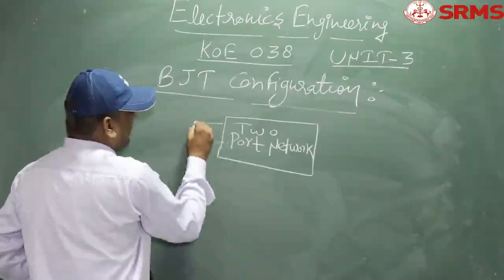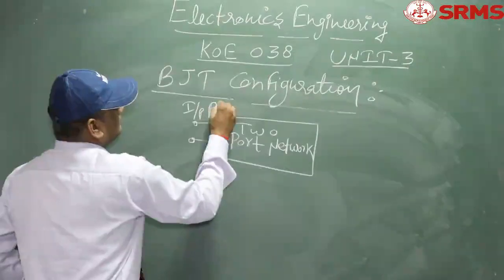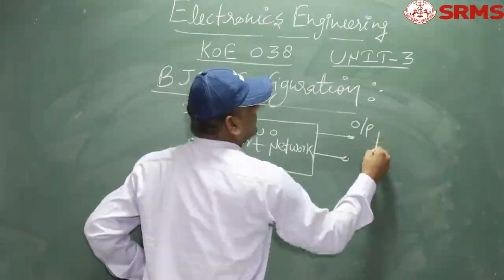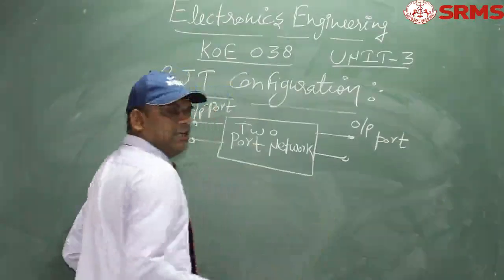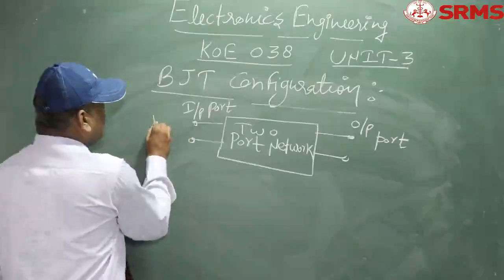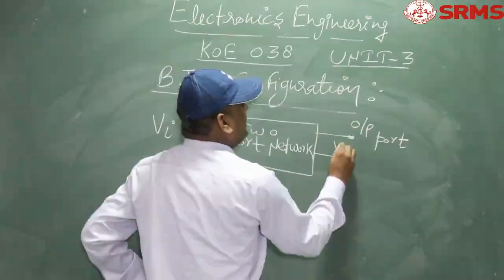network. So here, this is your input port, and here, this is your output port. So we have to apply the input voltage at the port number 1, and we are getting the output voltage at the port number 2.